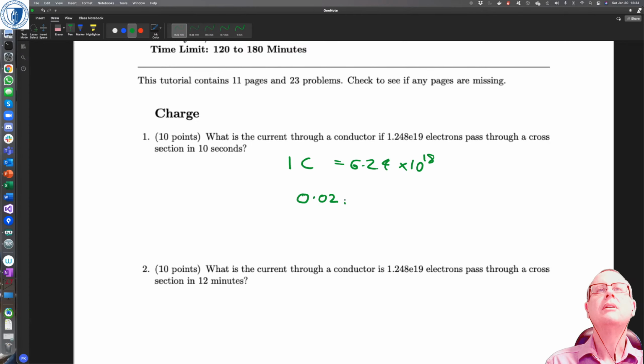0.02 amps. Or 0.2 amps. 0.2 amps, that's what I meant to say. Does everybody agree with that? Can you see how that's happening?